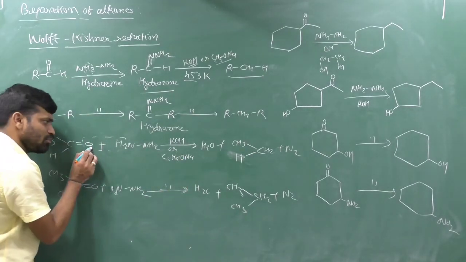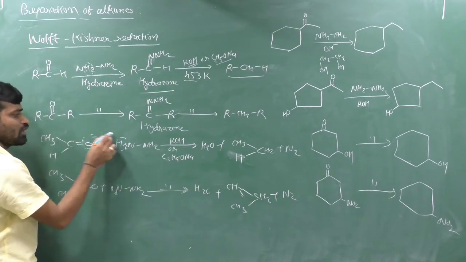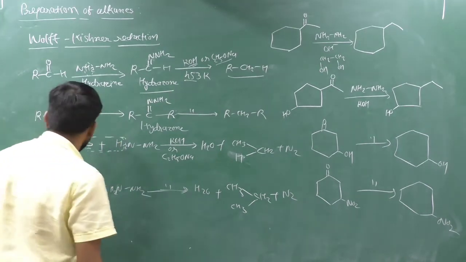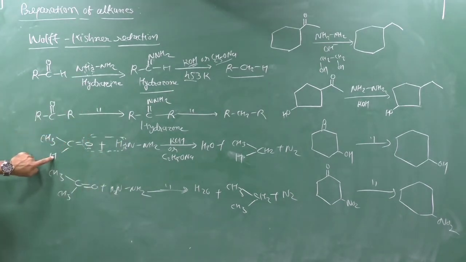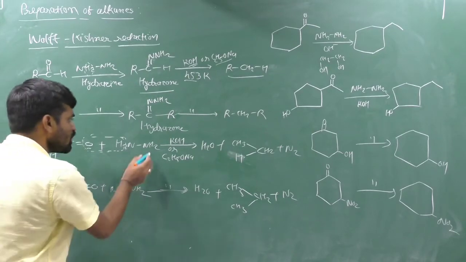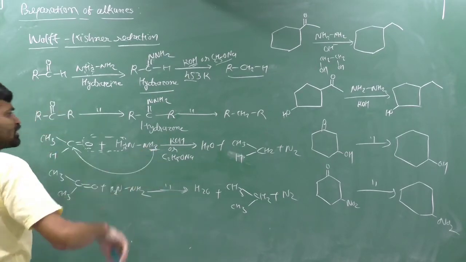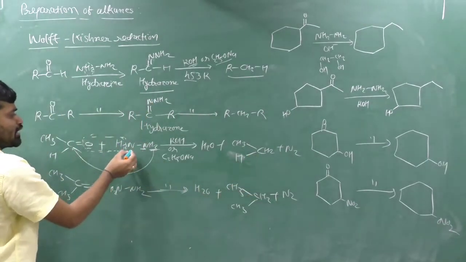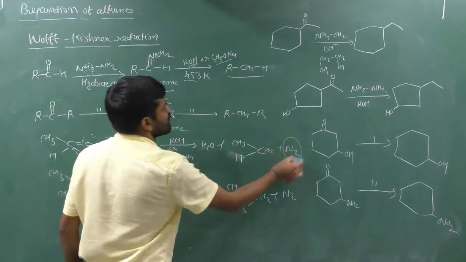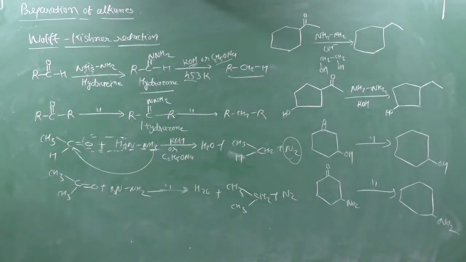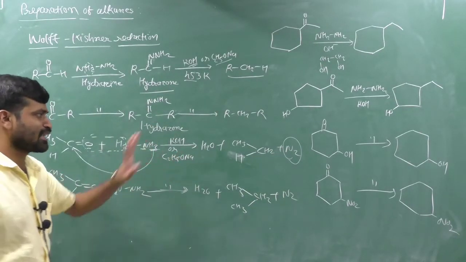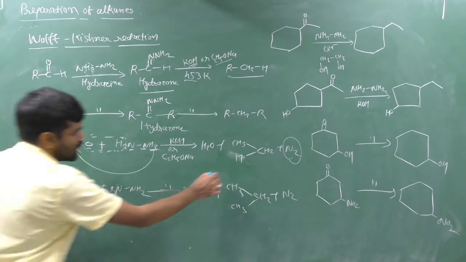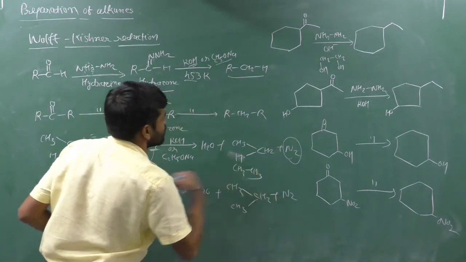From here we remove the oxygen, and from NH2 NH2 H2 is removed, so H2O is removed. Now CH3CH remains as it is. This H2 is directly attached here, therefore CH3CH2. Now what remains is one N here and one N here. It is released as N2. What are the products? H2O plus N2 plus alkane. Clear? It is also written like that, CH3CH3.